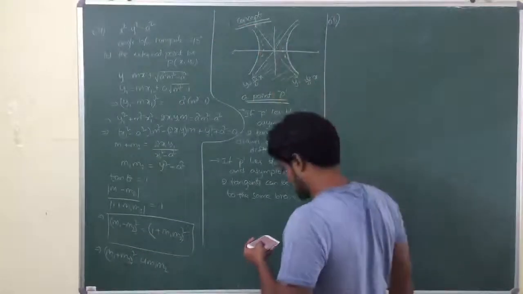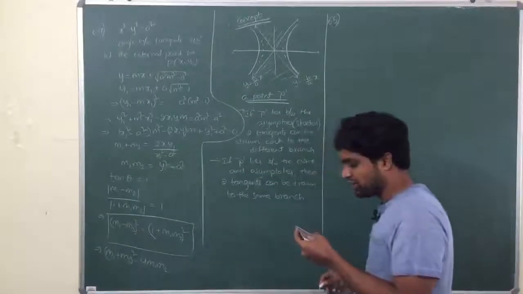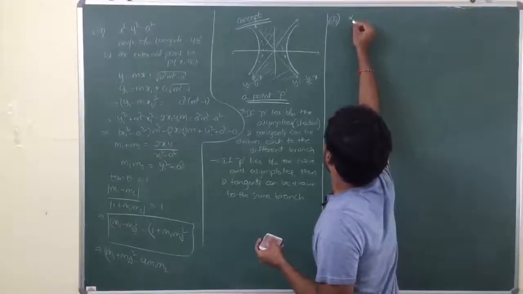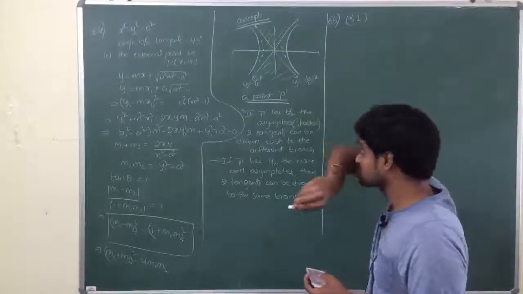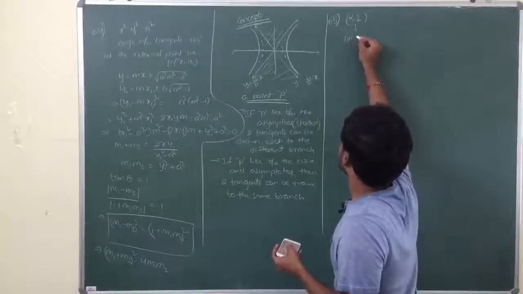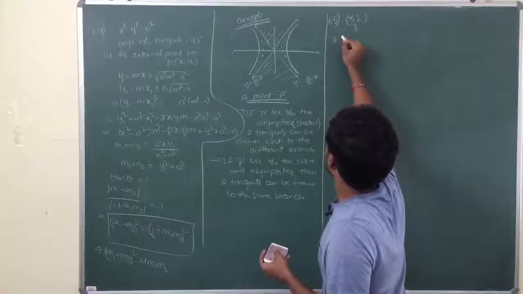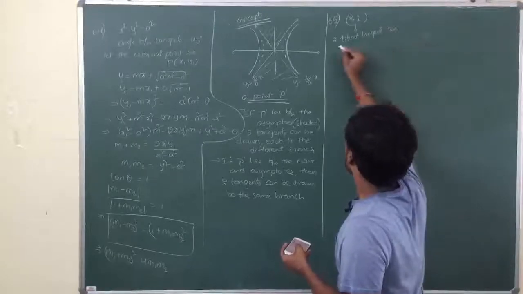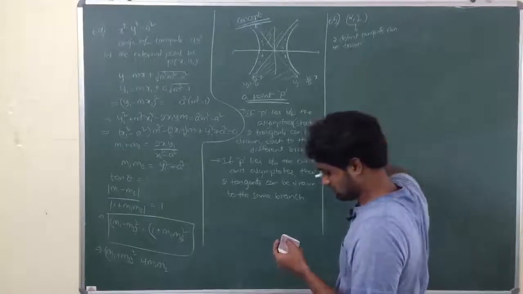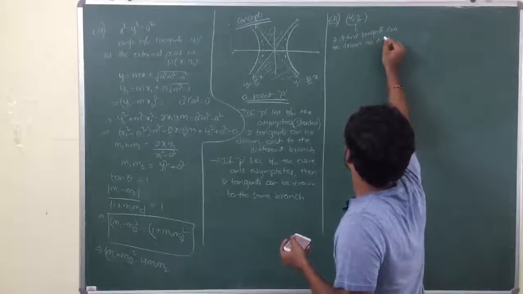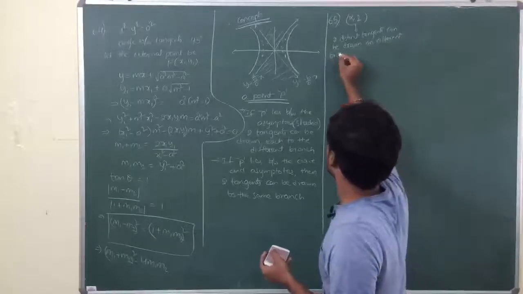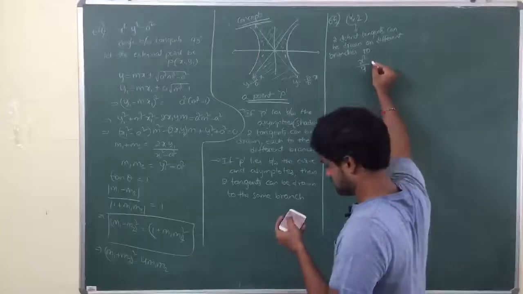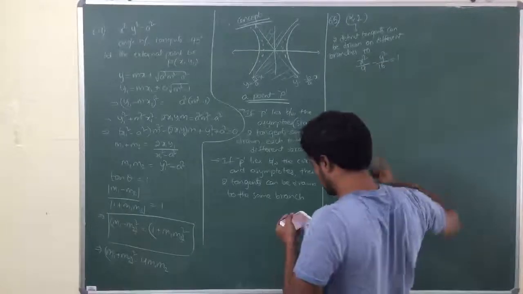65. If two distinct tangents can be drawn from the point alpha comma 2 on different branches to the hyperbola x square by 9 minus y square by 16 is equal to 1.